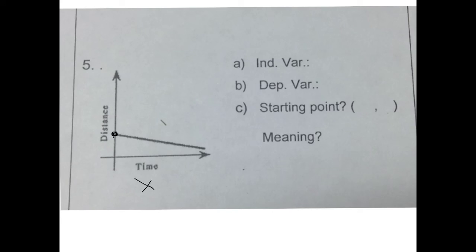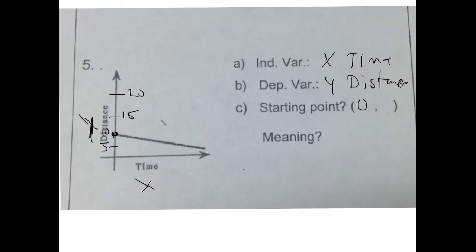This one starts further up the graph. Again, our x is time, and our y is distance. We don't really know the starting point, but we could say it's 5, 10, 15, 20. So this time our starting point would be 0, 10, according to the way I labeled the graph.